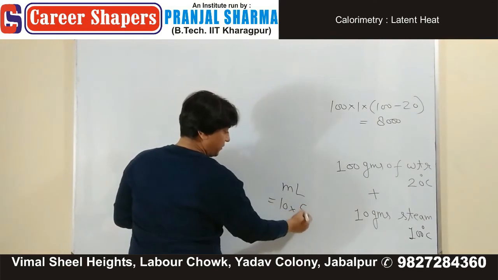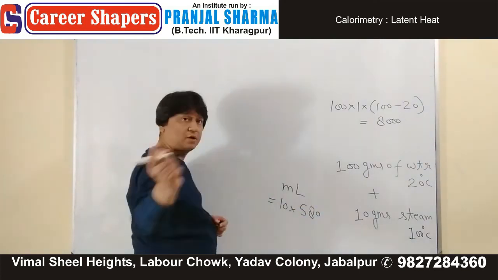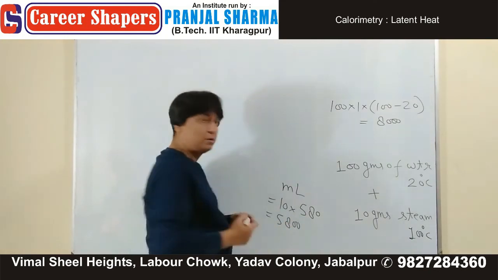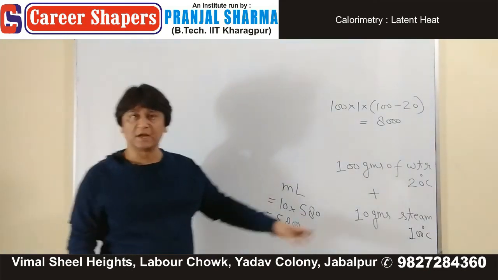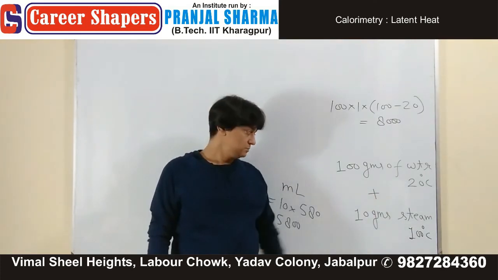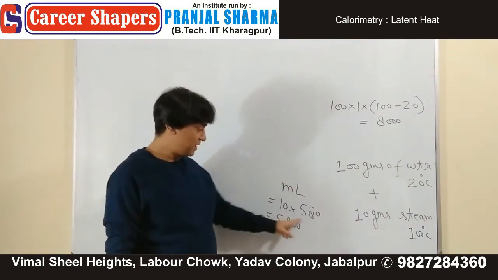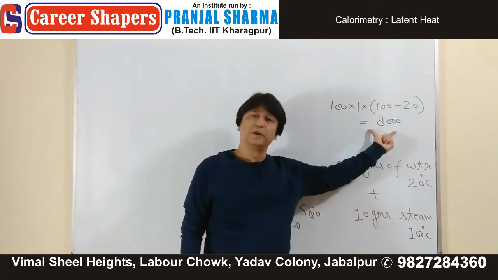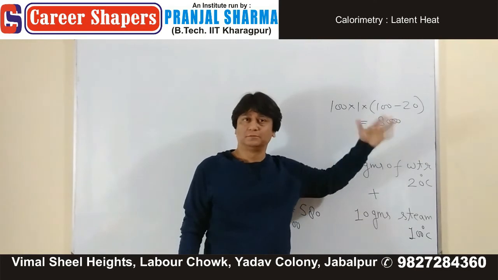What is the L, the latent heat for steam and water? 580, which gives 5800. That means if somebody says that the final temperature is 100, then steam is only supplying 5800 and you need 8000. Not possible.